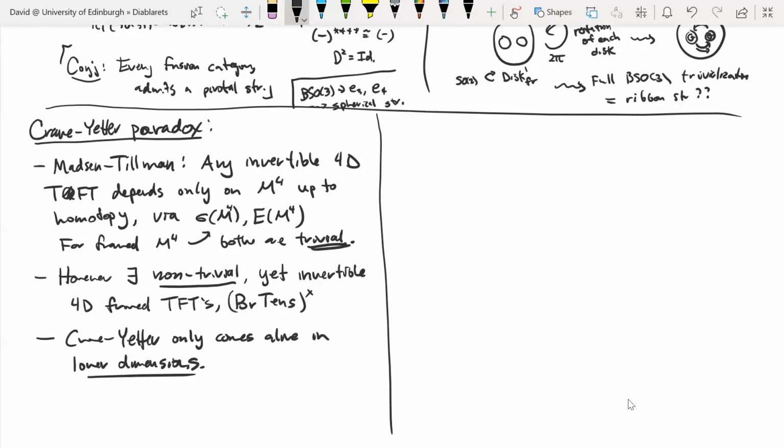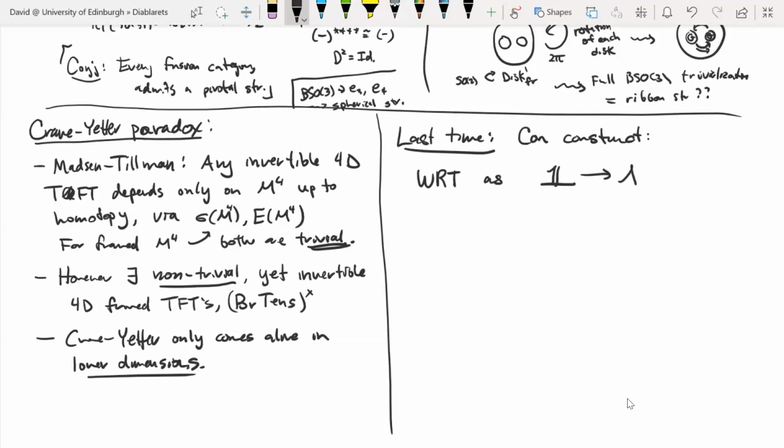Okay, so last time I sketched that we can construct, following a proposal first by Kevin Walker and then formulated in this language by Freed and Teleman, the WRT invariant as a map from the unit, so the trivial theory, to our braided tensor category A, which is just the regular module, and this is all taking place in an arrow category.